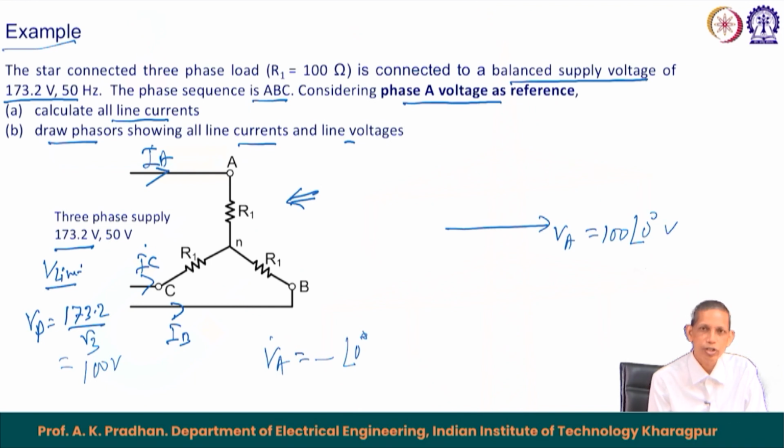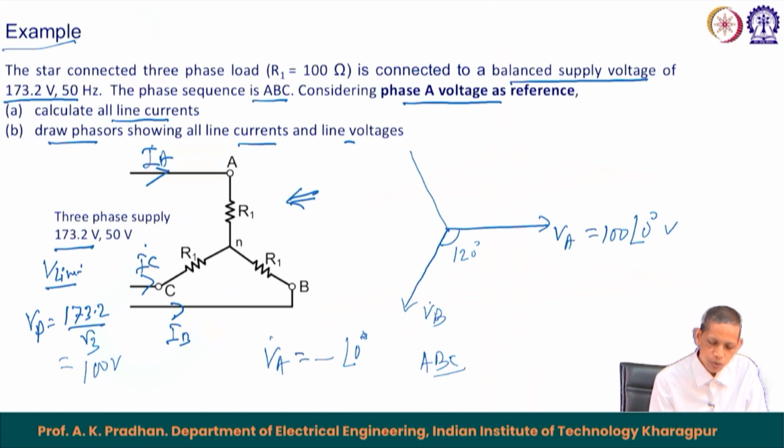This is V A and the phase sequence is A, B, C. So, next comes B phase, which will lag by 120 degree, and then comes C, which will lag the B phase by 120 degree. So, this is the phasor position of V A, V B, V C as per the information given.